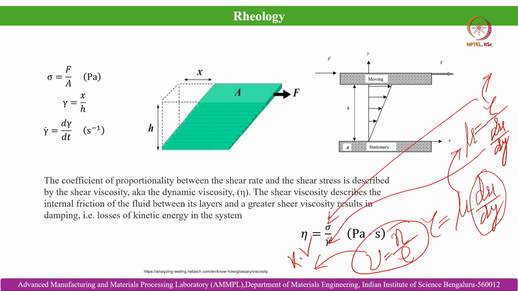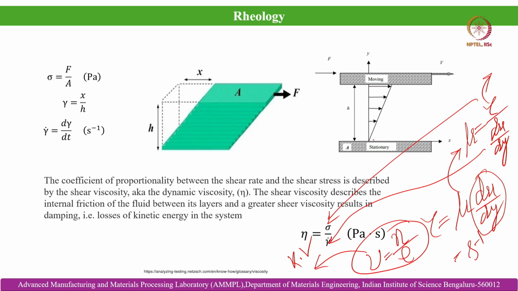The shear rate, du/dy, has the unit of second inverse. That is what is shown over here, and this is the case of two parallel plates with a fluid in between. This is a typical velocity gradient which is shown.